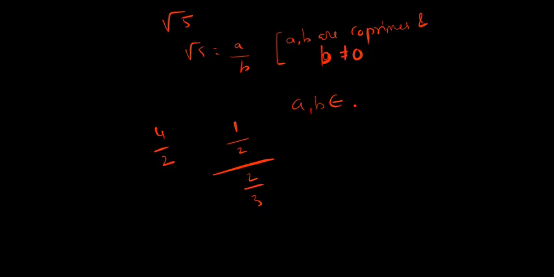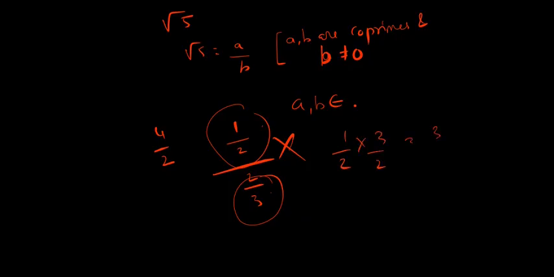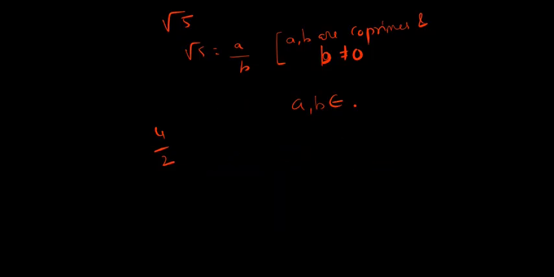We have to simplify it: 1 by 2 into 3 by 2, that is 3 by 4. So we should not take that one. A comma b are co-primes and b not equal to 0. These two conditions are necessary for you to write. Don't write any other condition.